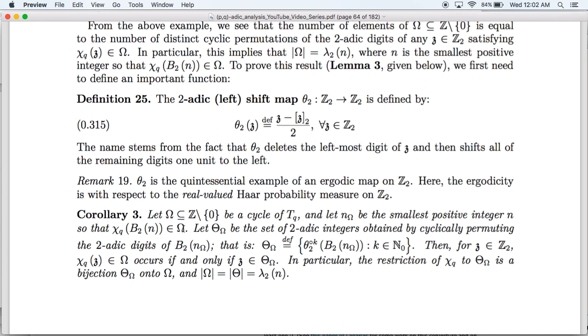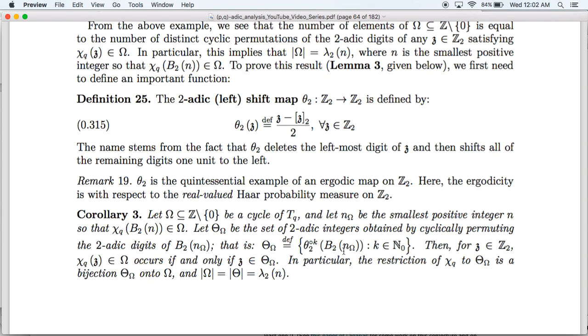Then let big theta omega be the set of 2-adic integers we obtain by cyclically permuting the 2-adic digits of b2 of n omega. That is, big theta omega is the image of the forward orbit of b2 of n omega under the shift map.